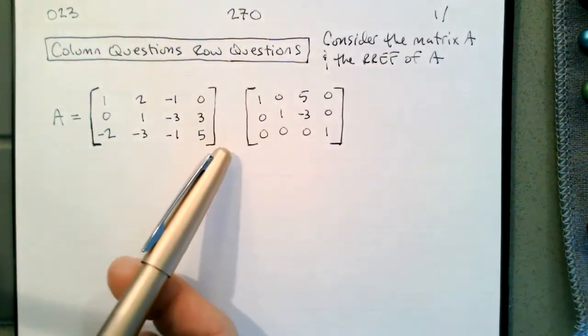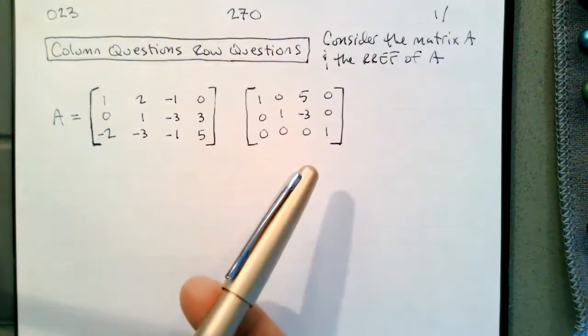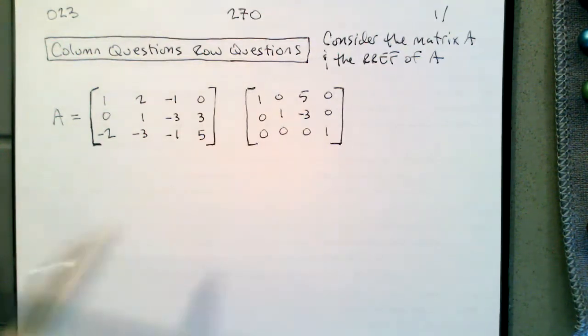Notice I'm not putting an equal sign because these two matrices are not equal. They are, hopefully, row equivalent, but they are definitely not equal. So by saying it this way, I have not said that this is the augmented matrix of a linear system. So that rightmost column thing is right out the door.